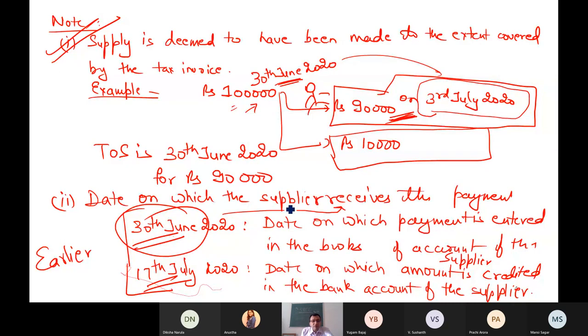In 12 subsection 2, I was checking the date on which the supplier received the payment. So I was checking 2 dates: the date on which payment is entered in the books of account of the supplier, and the date on which the amount is credited in the bank account of the supplier.